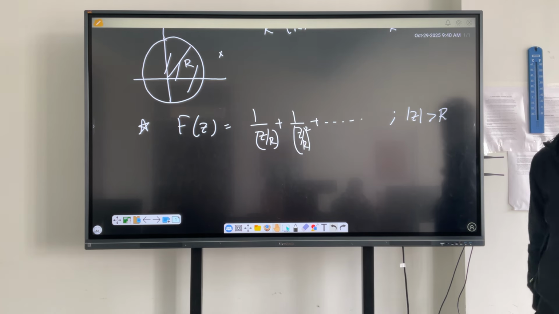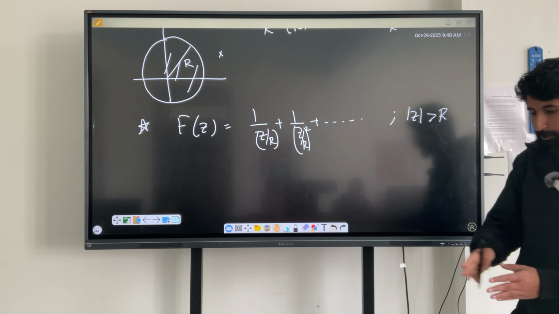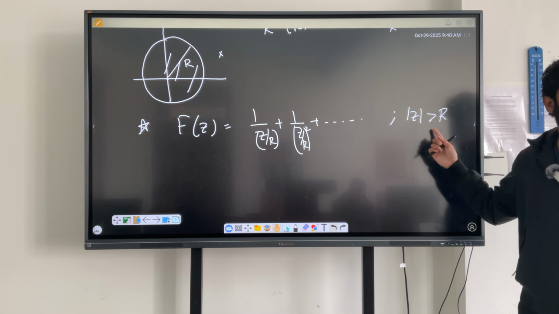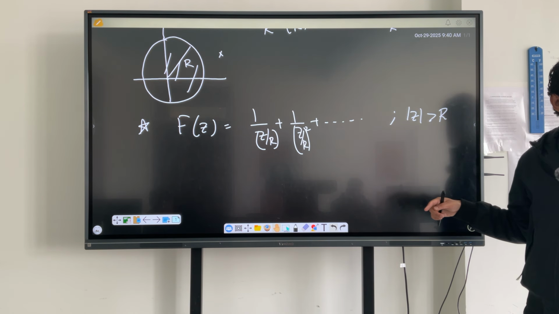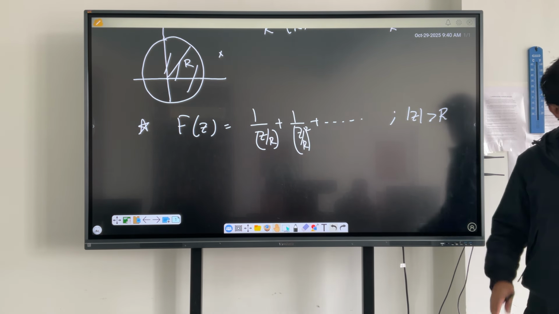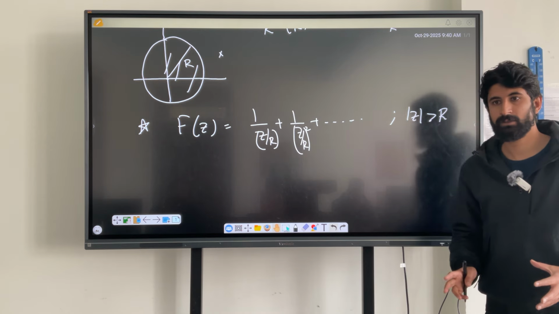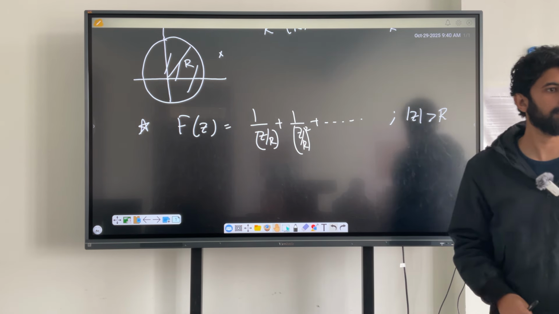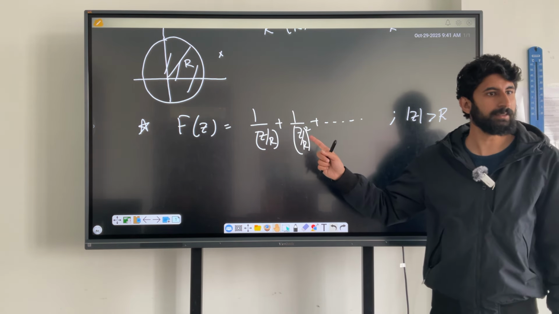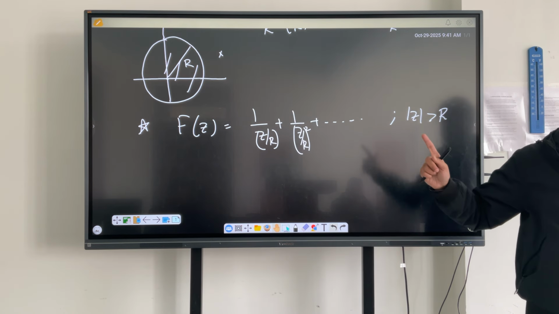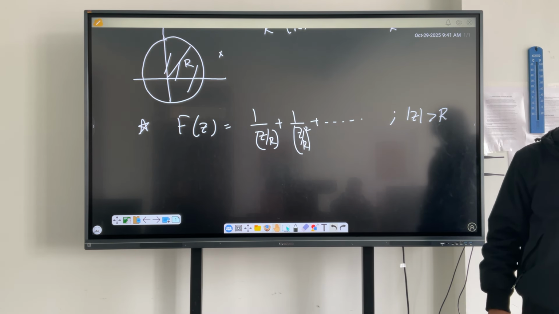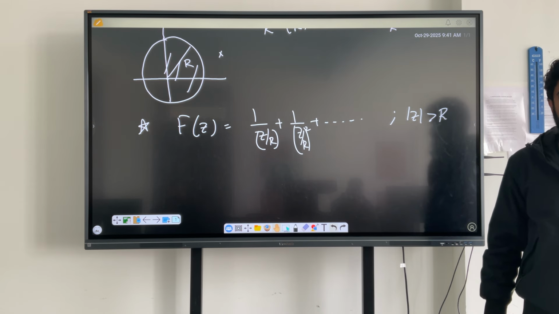So the negative part converges when mod z is bigger than some number R, and the positive part converges when mod z is less than some number. What this number depends on is what your coefficients are, how they change as you change n. Fine?